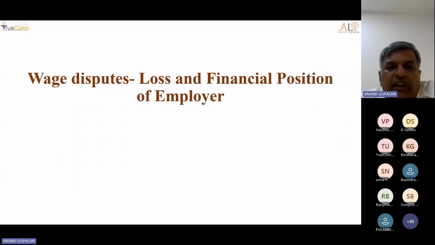We all look at plenty of wage disputes that come across, charter of demands, union signing settlements. The touchstone of all this adjudication is the financial capacity of the employer.